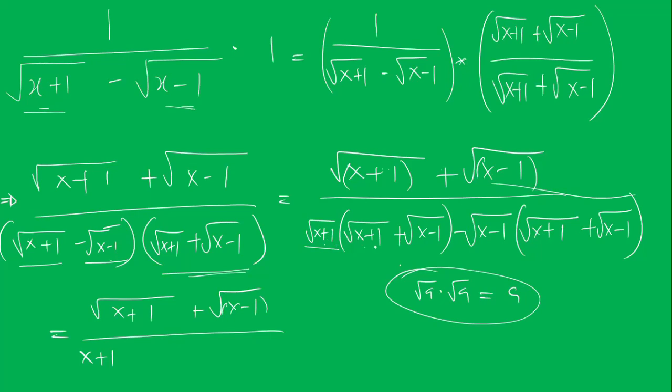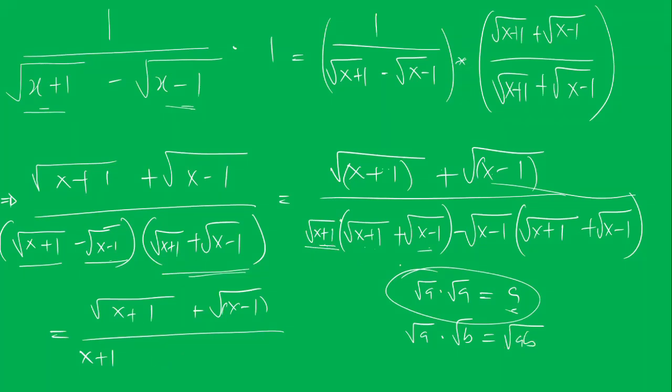So this times this will give you this expression. Now this times this, the value here is different from this value here, so it's just like the square root of a times the square root of b is equal to the square root of ab. So that is what we're going to do here now.